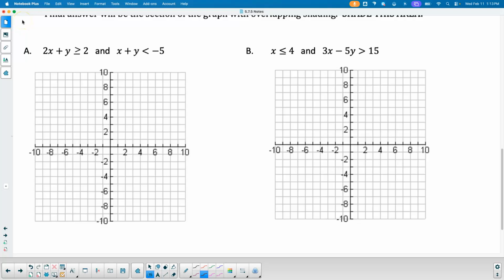All right. So first one has an x-intercept of 1. Because if I think about it, it's 2x equals 2. So that would be an x-intercept of positive 1. It has a y-intercept of 2. So that's there. And that's going to be a solid line between those two.